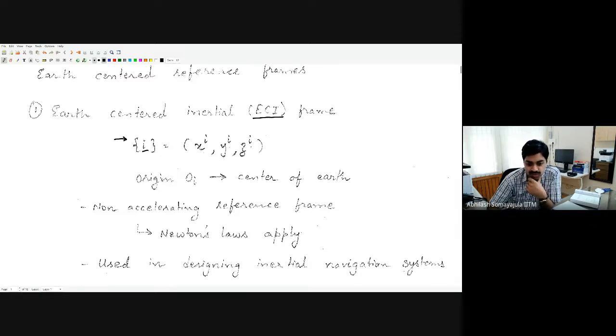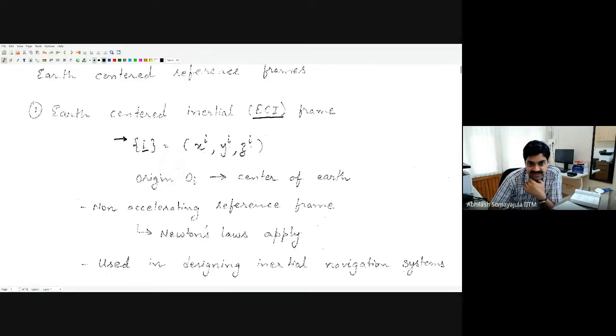And we'll see more of this come into the picture when we are looking at inertial navigation systems, especially over long ranges. So suppose you are looking at missiles or satellites or things like that, where the distances are really larger than 10 to 15 kilometers, you must use an inertial navigation frame. And that's where these Earth-centered inertial frames become important.